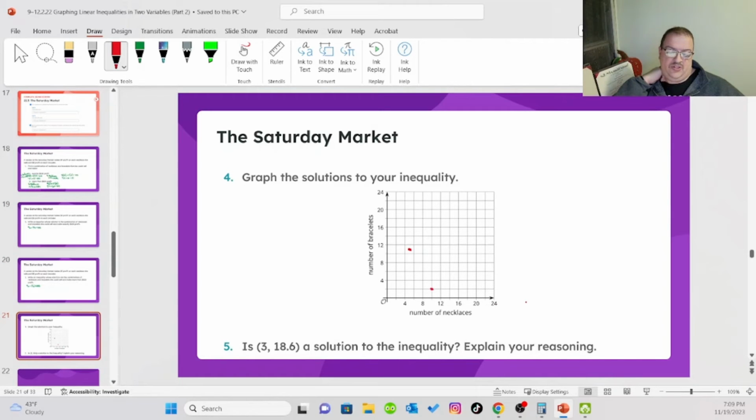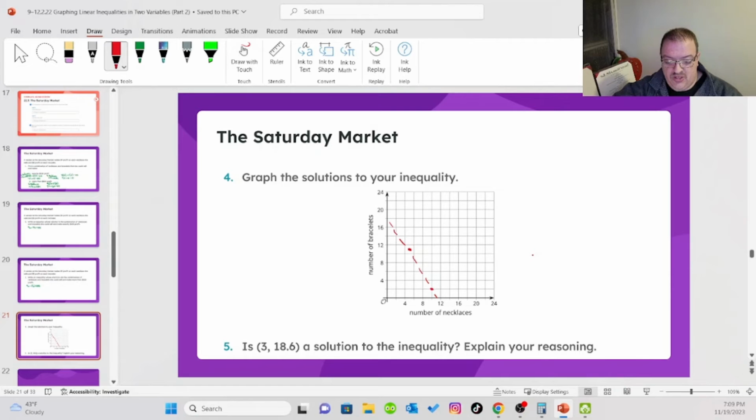Now, they want the solution to the inequality, and the inequality was that we made more than $100 profit. So we don't want to include the numbers on the line. So when we draw this, we're going to use a dashed line to represent it. Then we needed combinations that were going to earn us more money.